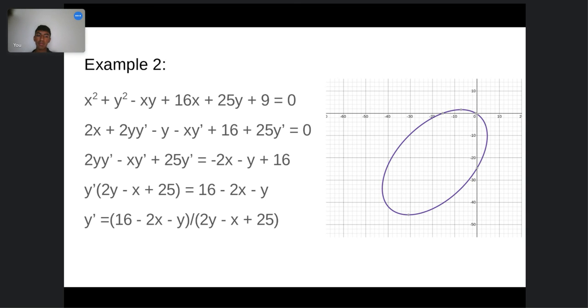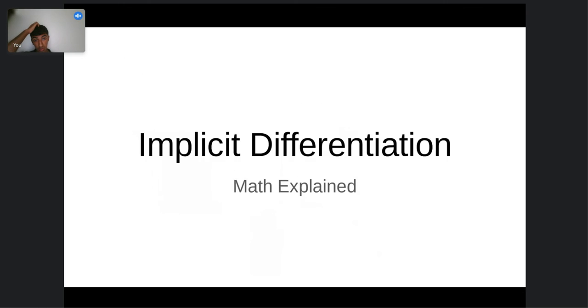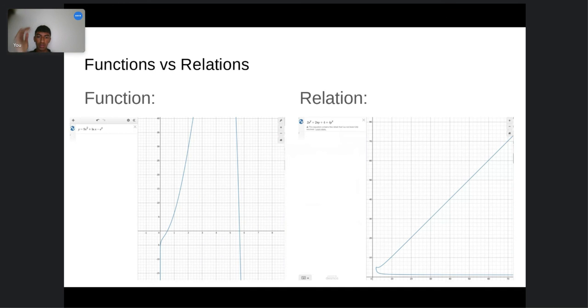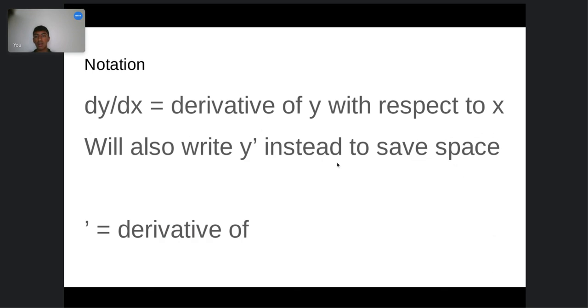Okay, so I hope you now understand what implicit differentiation helps with. So you've got relations like this monstrosity over here, and you can find the derivative of it. And over here, for notation, we use dy over dx equals the derivative of y with respect to x.